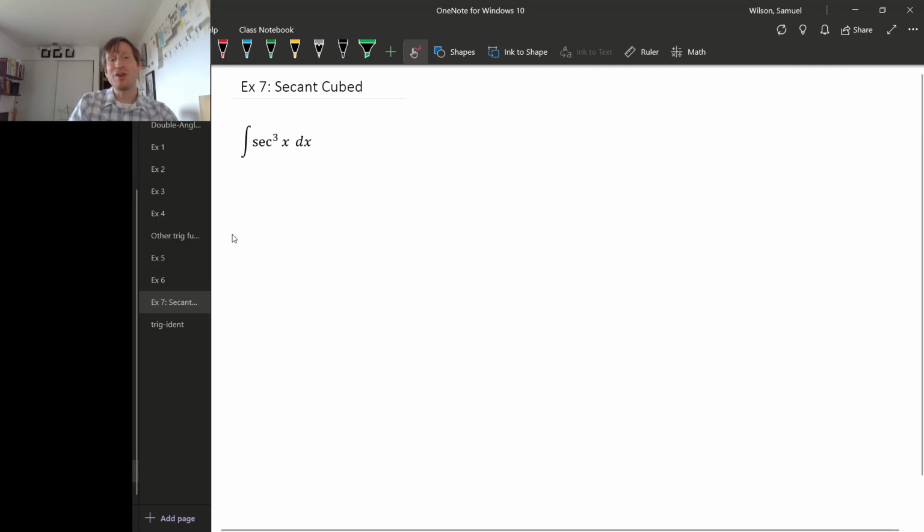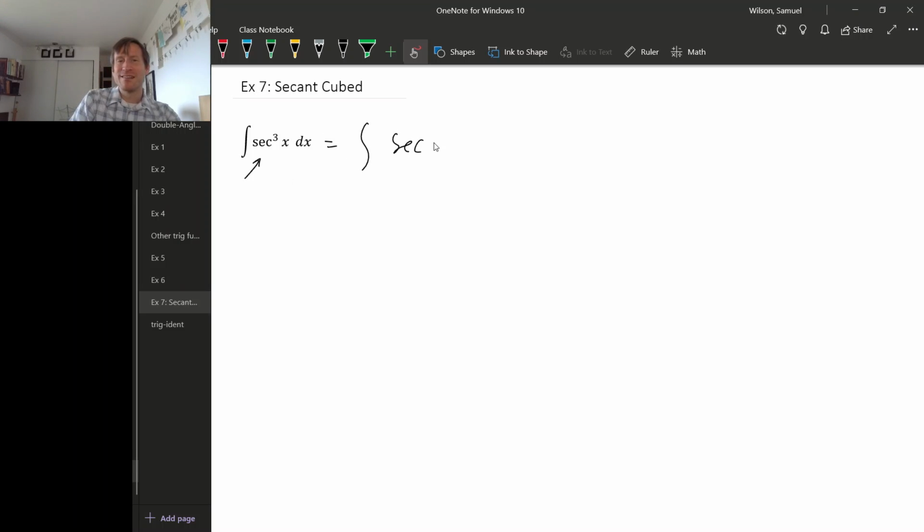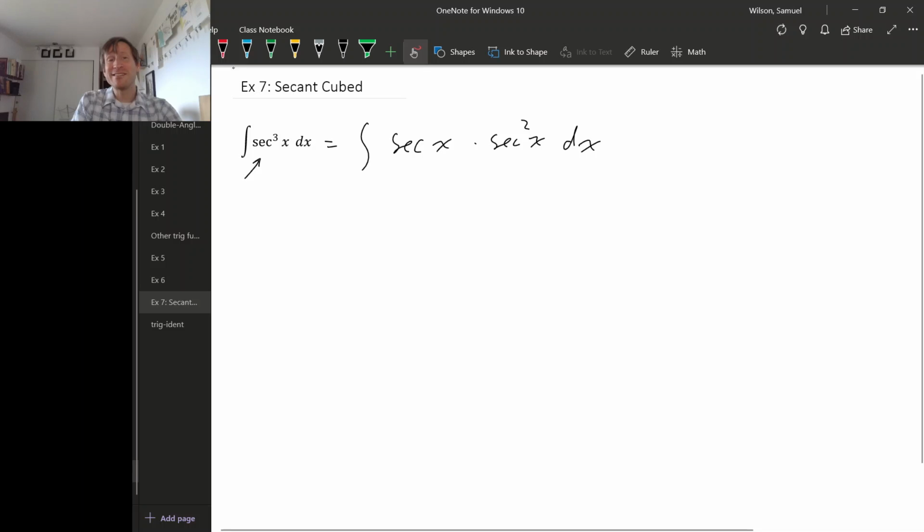If we're going to do integration by parts, we need to somehow split up secant cubed so that part of it is nice to integrate. And one way to do that is break it up into secant x times secant squared x dx, because secant squared is nice to integrate.